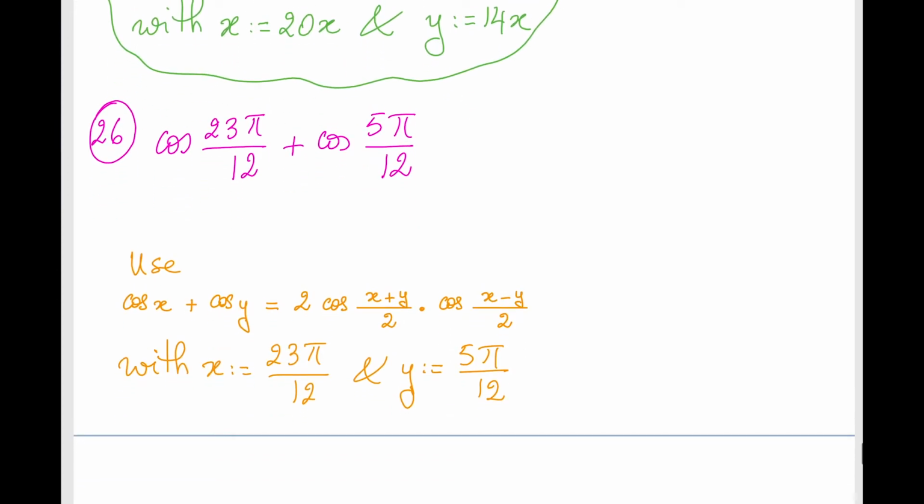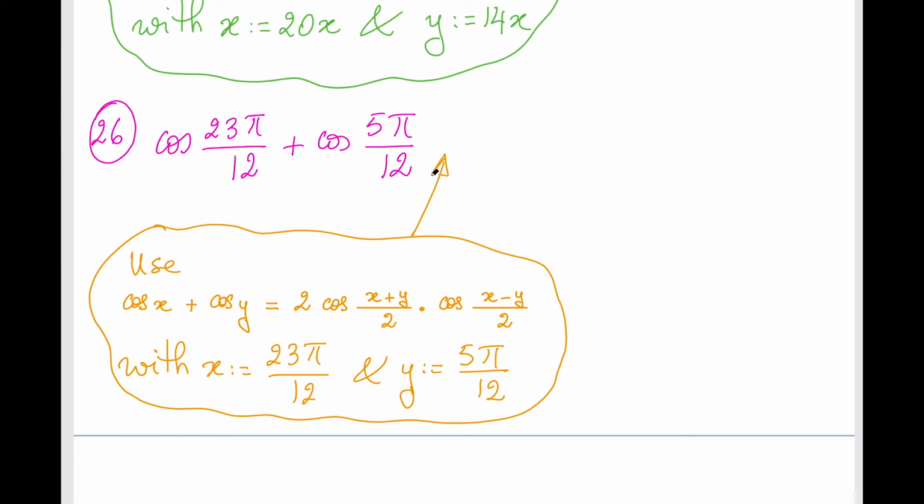Okay, so I'm using this, and let's see what we get. Apparently I'm gonna get two remarkable angles here. Let's make sure. The formula tells us this is twice cosine of x plus y over 2. Well, x is 23 pi over 12, and y is 5 pi over 12, over 2, right?